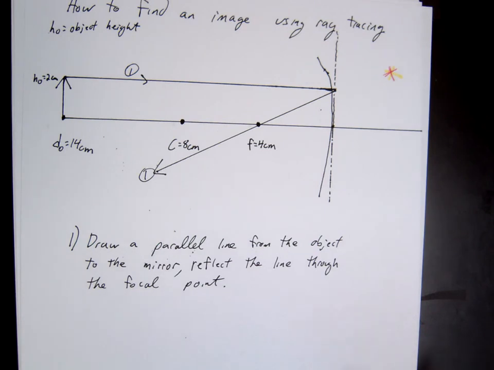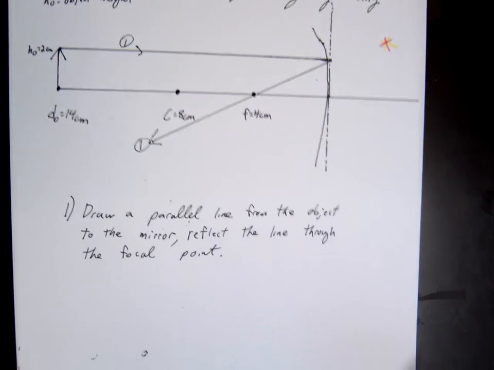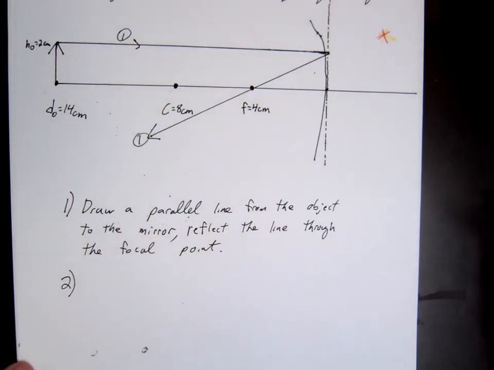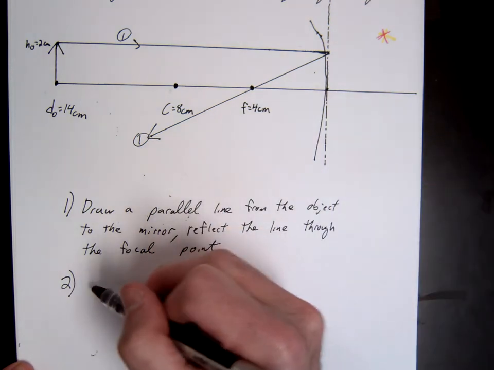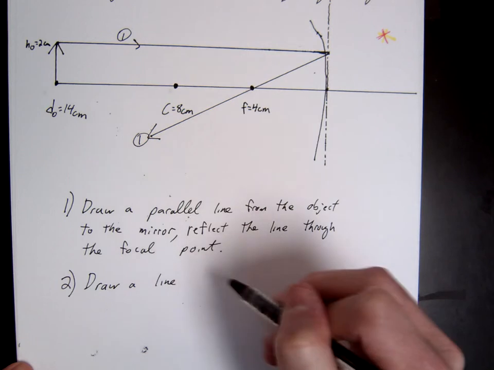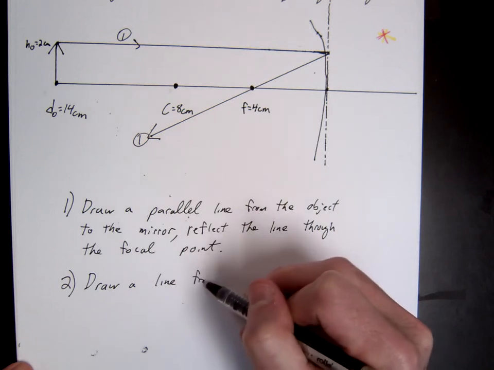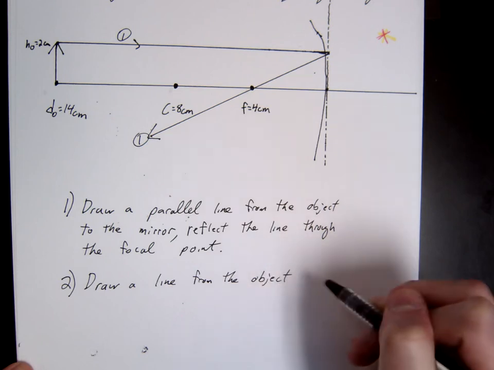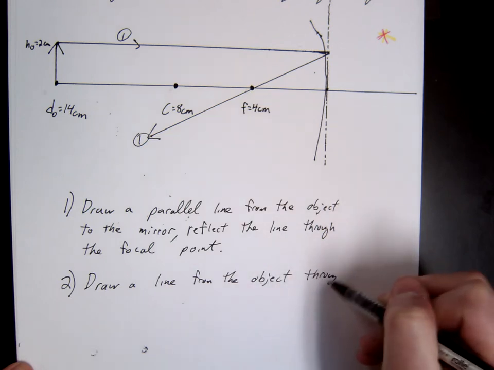Beam number 2. Basically, beam number 2 is the opposite of what we just did. So this time you're going to draw a line from the object through the focal point.